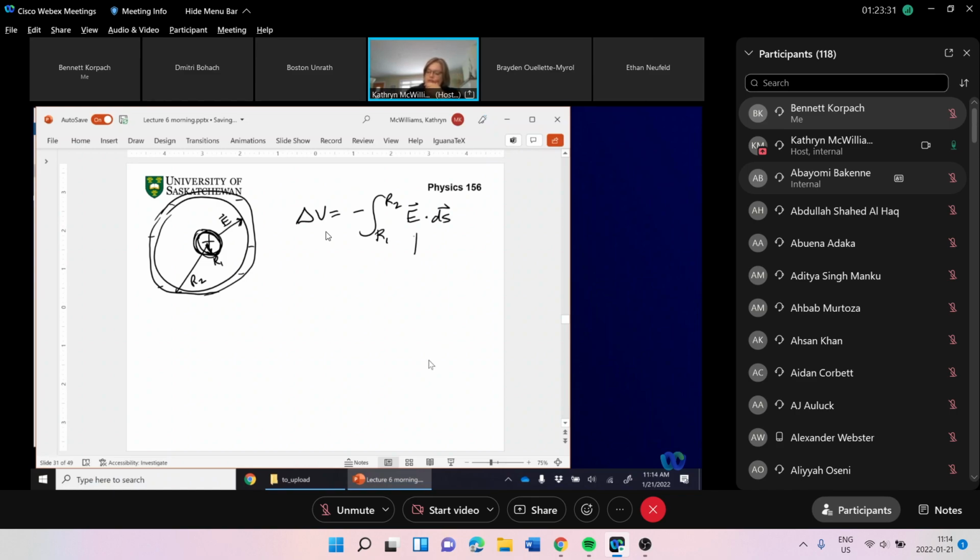Okay, so this is the electric field between R1 and R2. Because we're following this electric field along some path defined by ds in the same direction. ds is the radial distance in the radial direction, and E is radial also.